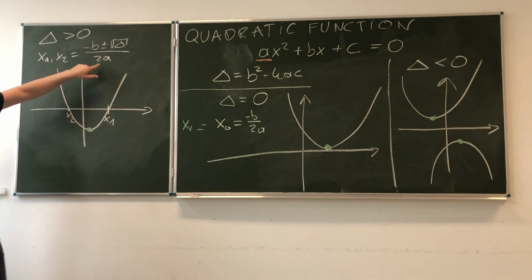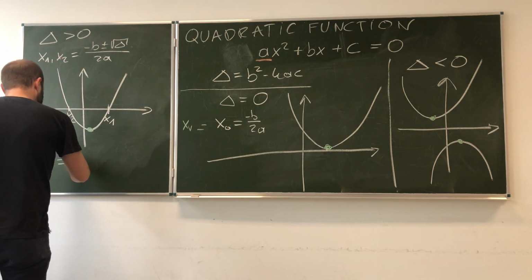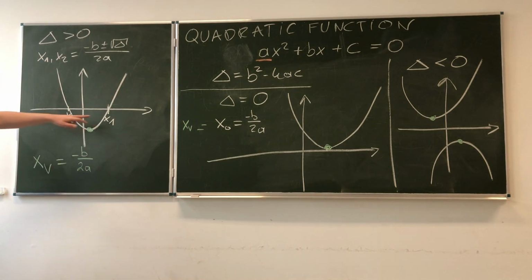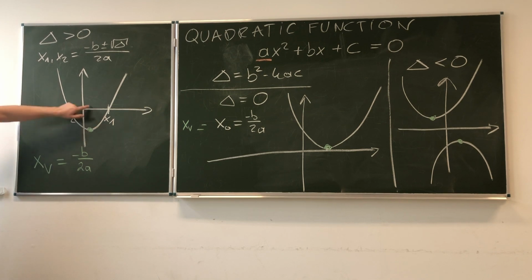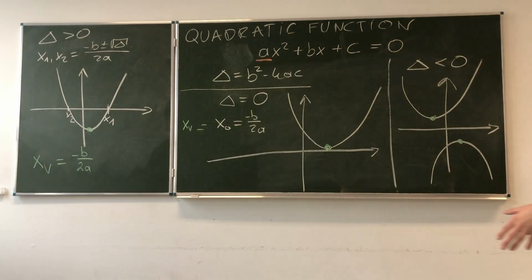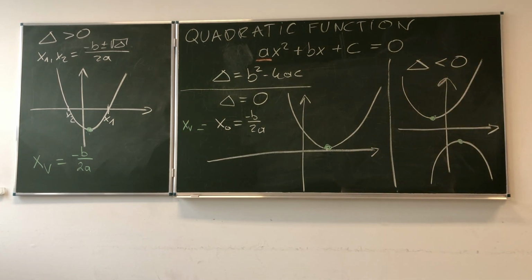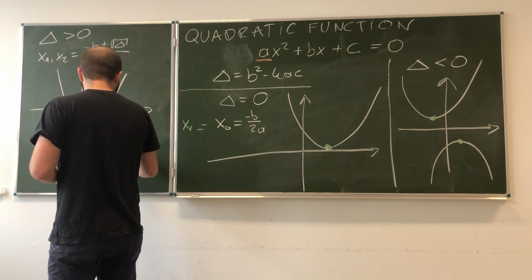This point, because it will work for every case, of course, not only this case, this must be our vertex. And the vertex, with this formula, can be calculated for any case, but of course, in this case, with 0 delta, it is unnecessary.